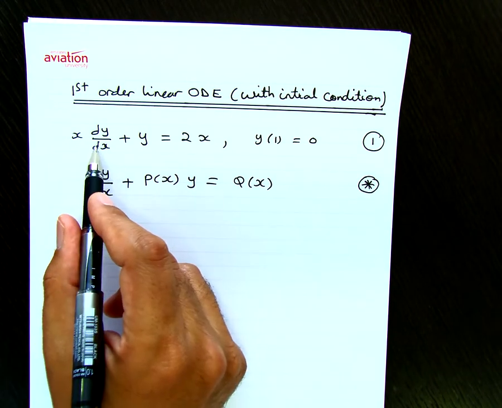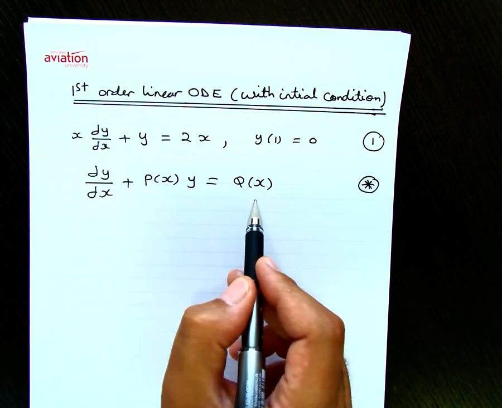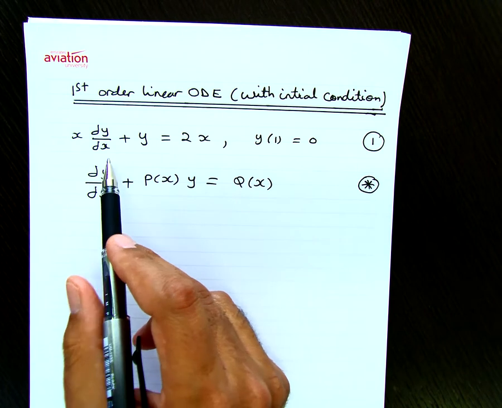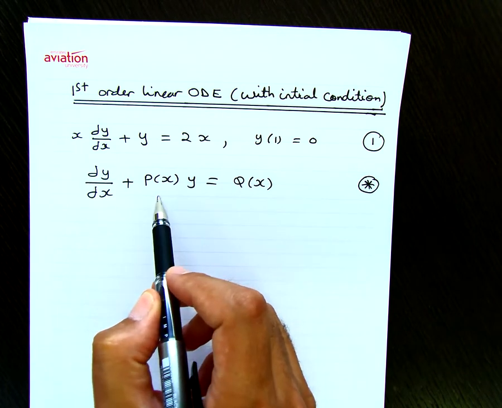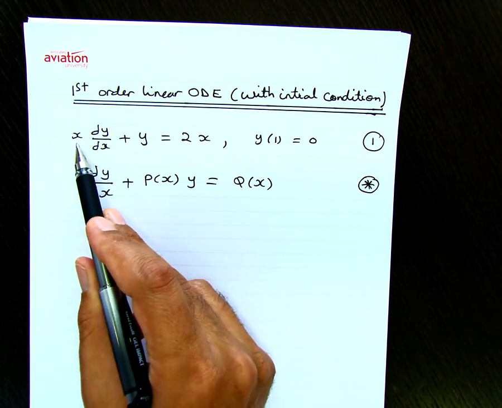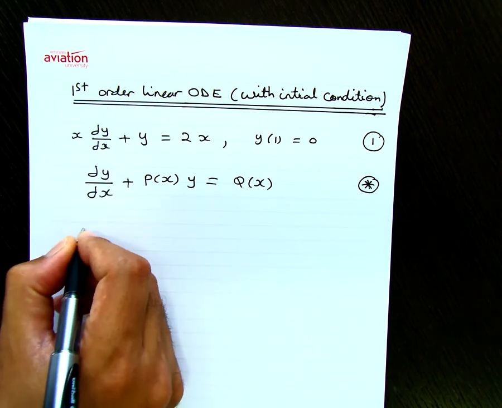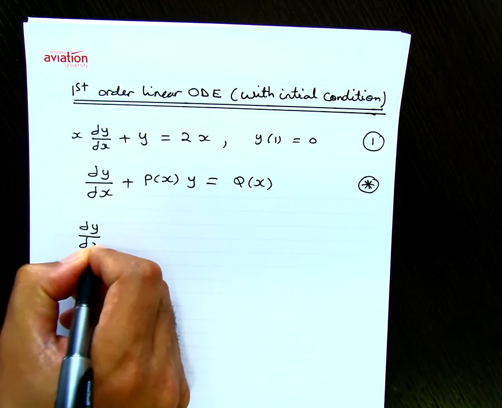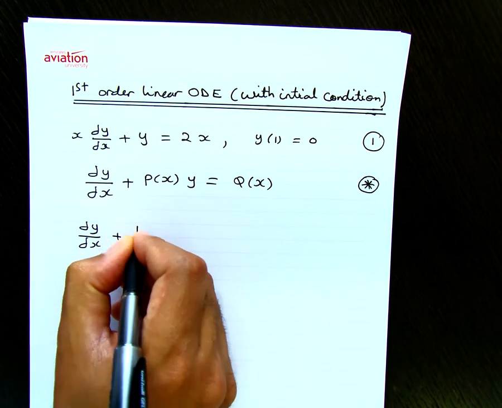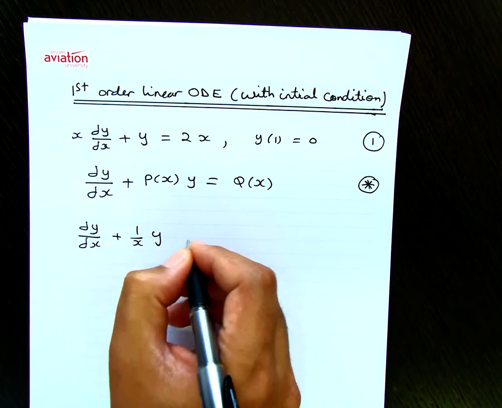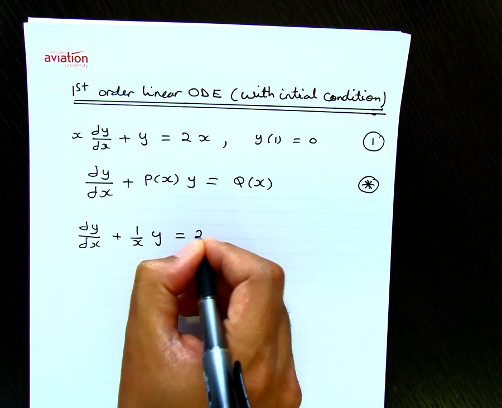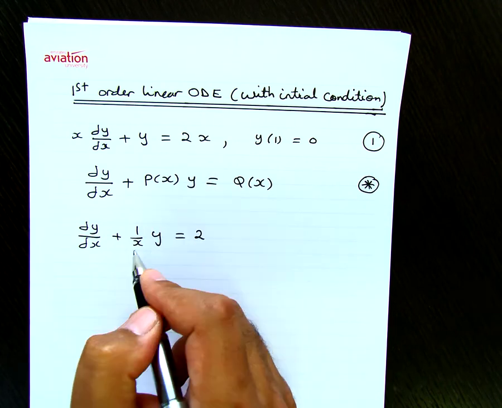If you compare one with this standard form, we see that we need to rewrite it in this form by dividing through by x. If we do that, then I'll have dy by dx plus 1 over x times y equal to 2, and the x cancels out with the x.